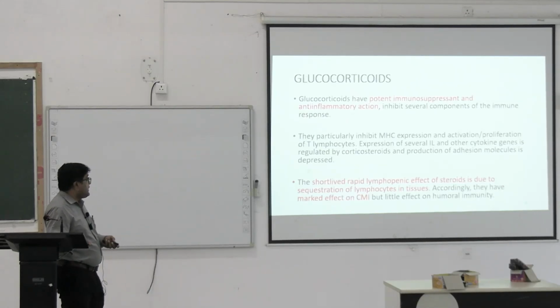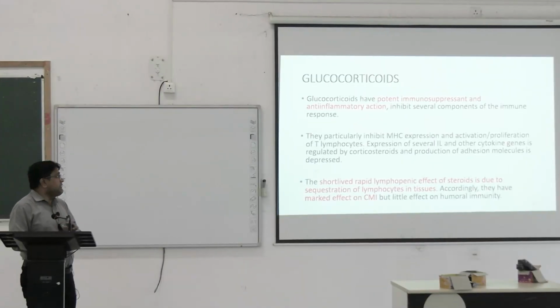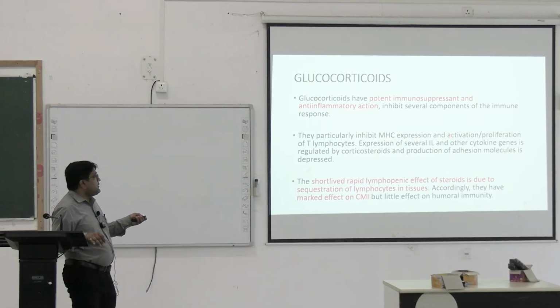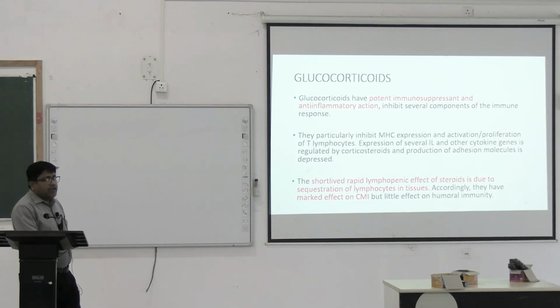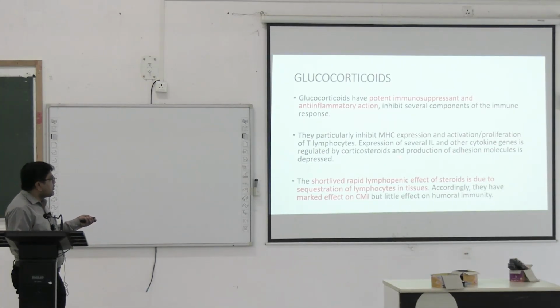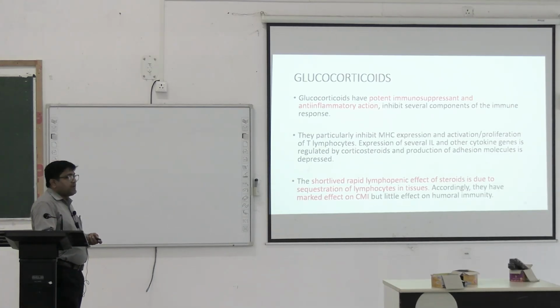Coming to the glucocorticoid, it's a potent immunosuppressant and has anti-inflammatory activity. They inhibit MHC expression and activation or proliferation of T lymphocytes. The interleukin productions, the cytokine productions are decreased with corticosteroids, and also the production of adhesion molecules.